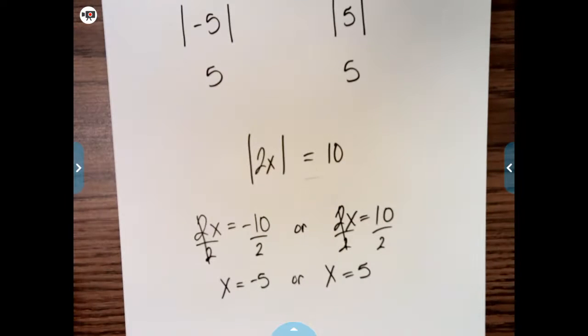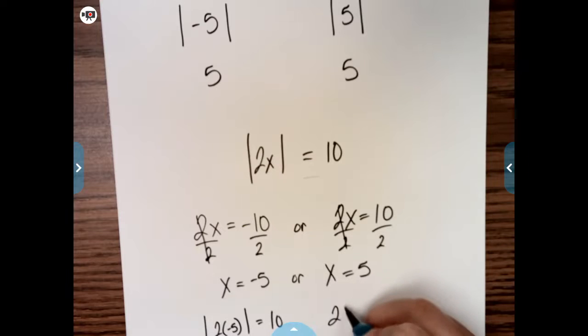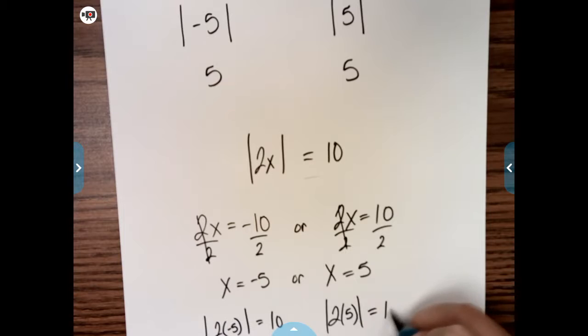Now, another thing that you always have to do with absolute values is you have to check your solutions. Because sometimes you think you have two solutions, but one won't work. So what we do is we go back to the original equation, and we check. Would it make that equation true if I put either a negative 5 or a positive 5 in there?